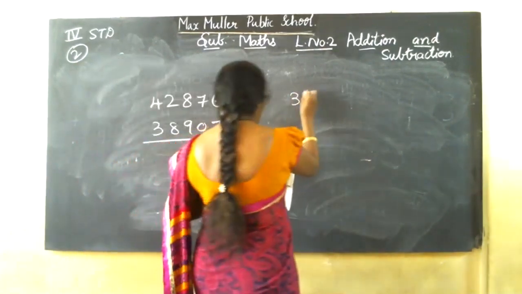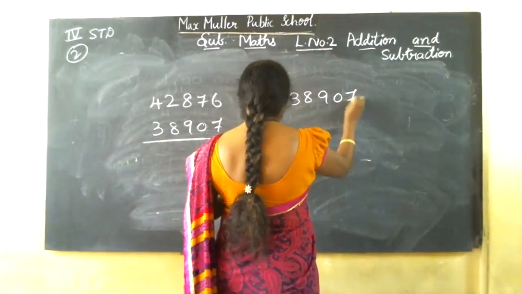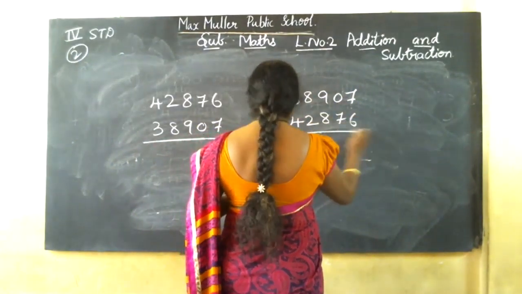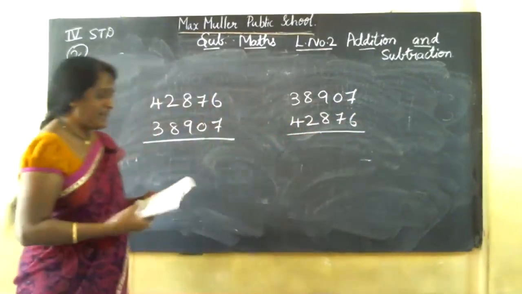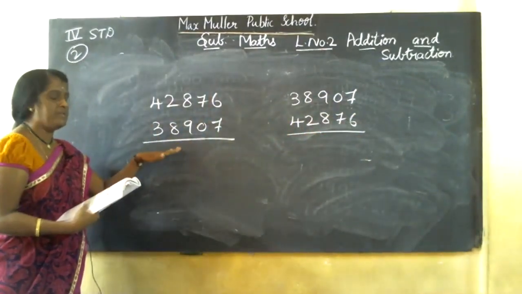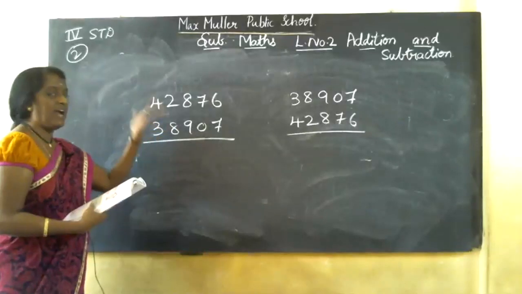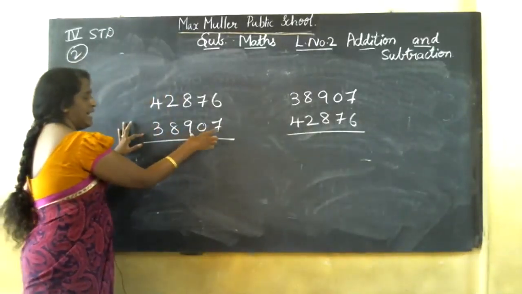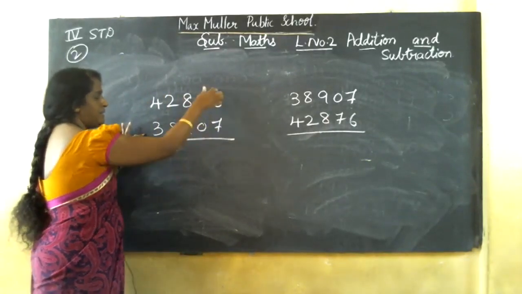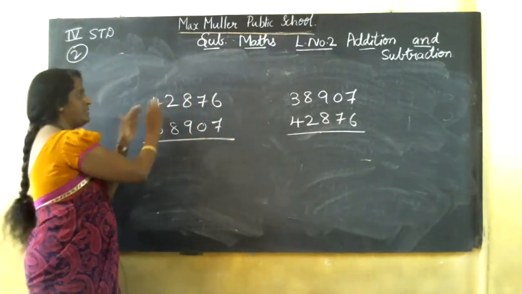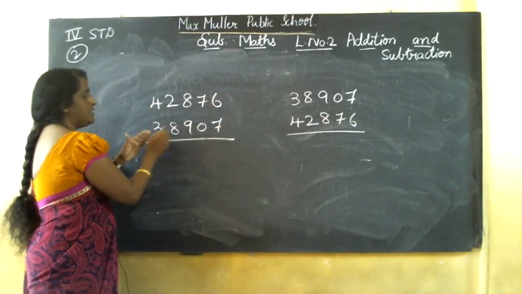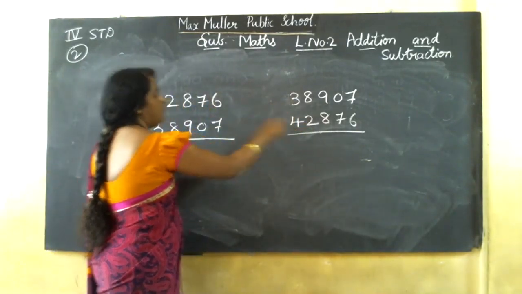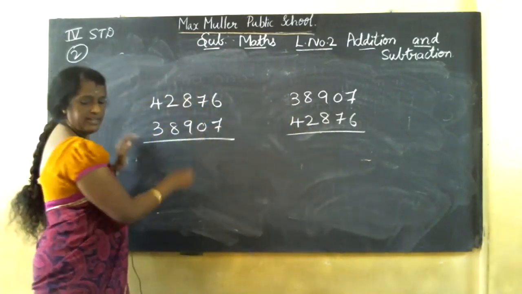Here, 38,907 plus 42,876. There is no change in the sum. Sum means the answer. When the addends are added in a different order, see, 42,876 and 38,907, one addend is up and the other is down. When we change the order also, you will get the same answer.